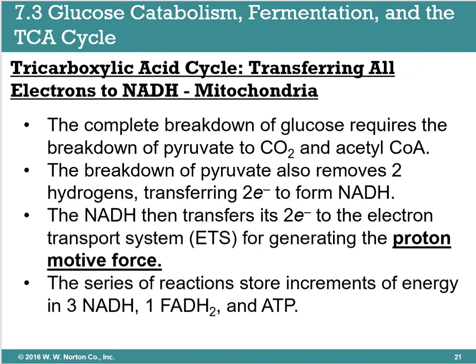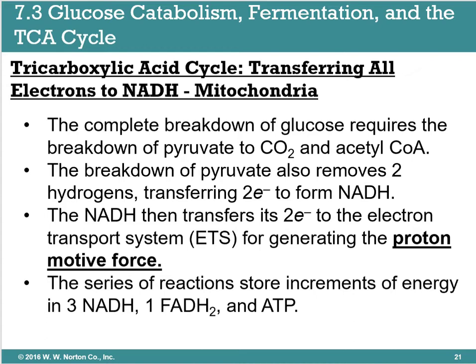That NADH then transfers those two electrons into the electron transport system. And with that, there are a lot of protons, a lot of positive charges present because of those hydrogens. Hydrogens are positive.